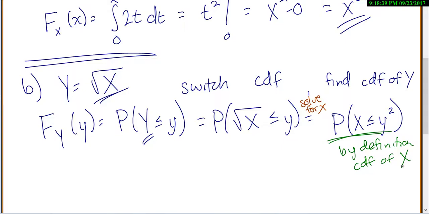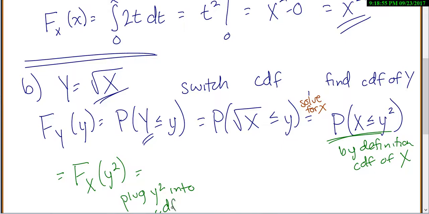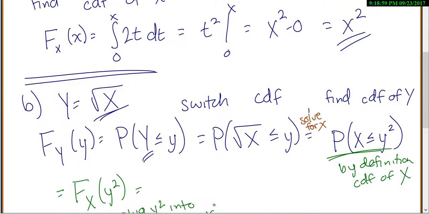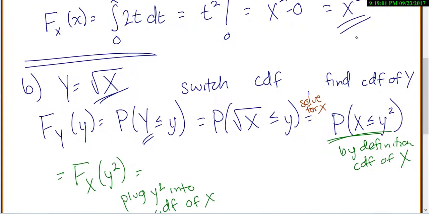Okay, so the CDF of x means that this is F of x evaluated at y squared. Or in other words, let's plug y squared into the CDF of x. So come back up here to our CDF of x, which is x squared.